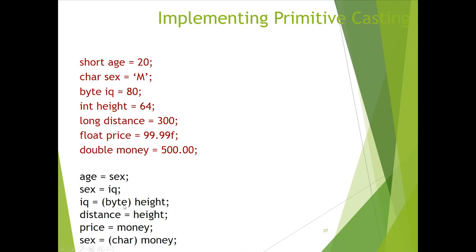Okay, so that is now possible. Also, for example, for sex, if you're going to give the value money, which is a double, it will cast the money 500 and it will now become a character.